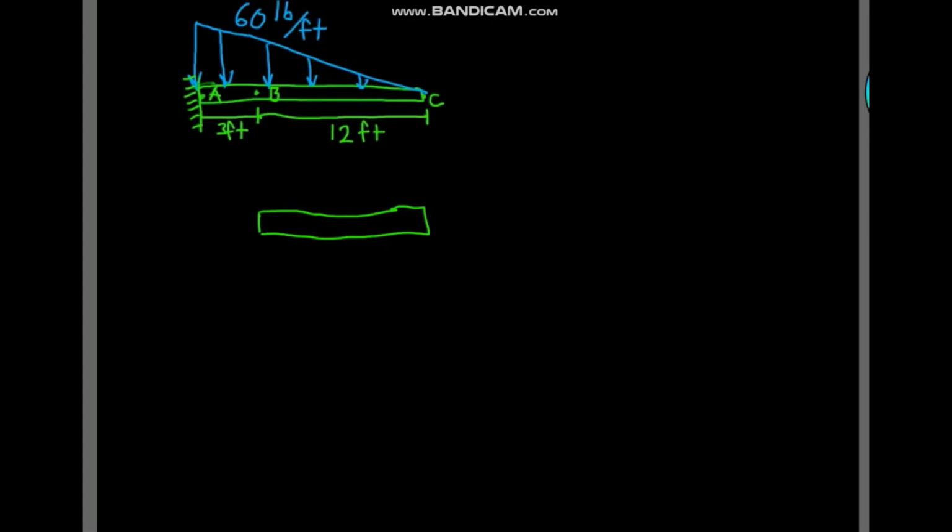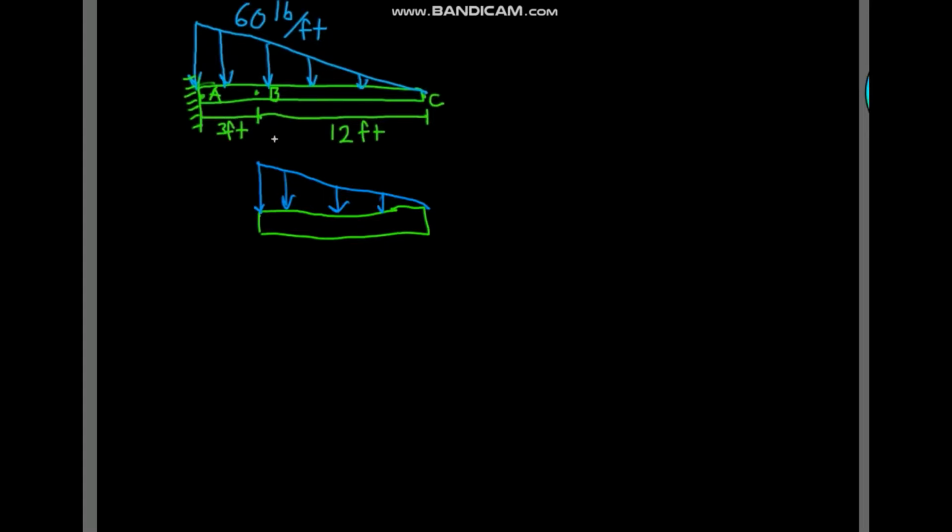So we're still going to have a distributed load here, but it's not going to be the original 60 pounds per foot. It's going to be less.